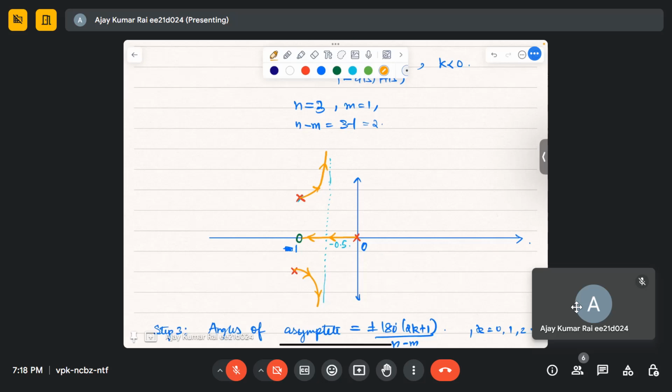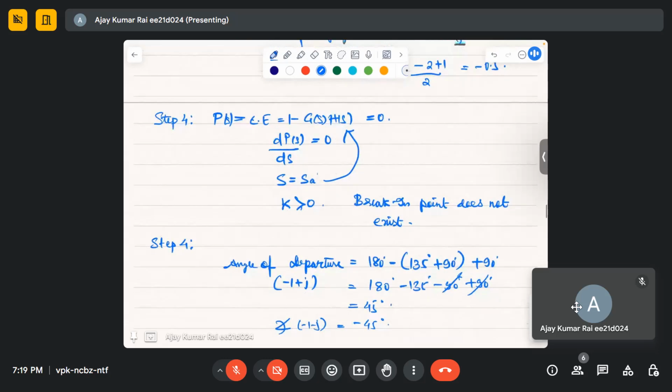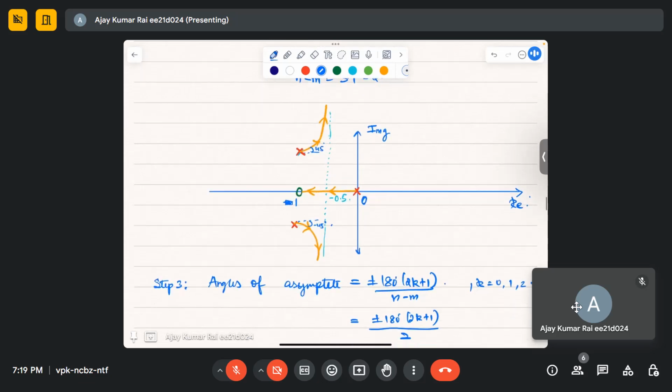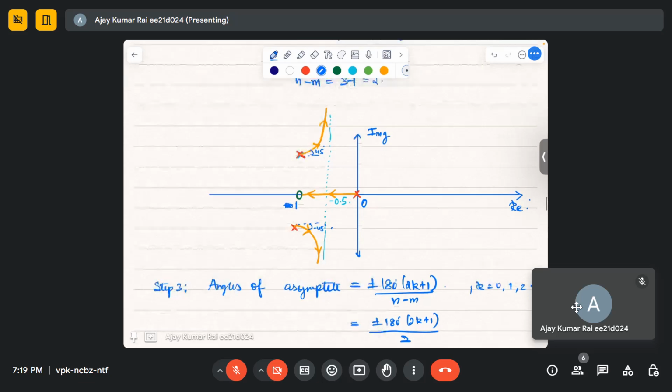Okay, so this is how the root locus of this one, positive feedback and k less than 0, will look like. Okay, so this will be the root locus. So the angle of departure you also see. So the angle of departure is this. If you calculate, this will be 45 and this will be minus 45. Okay, so if you see, along the asymptotes they're going to infinity.